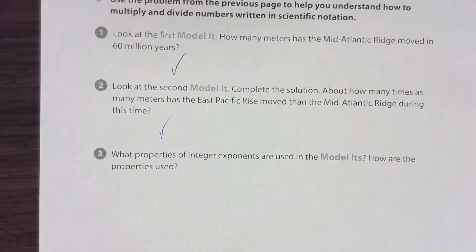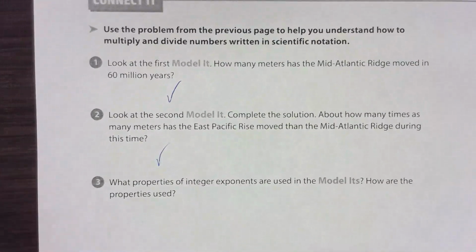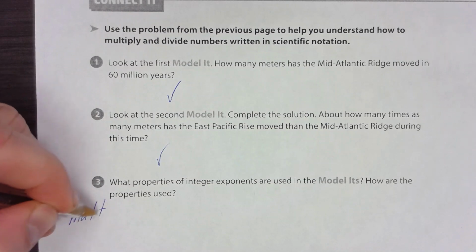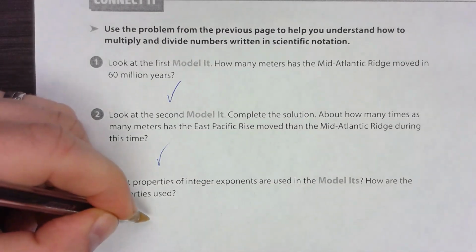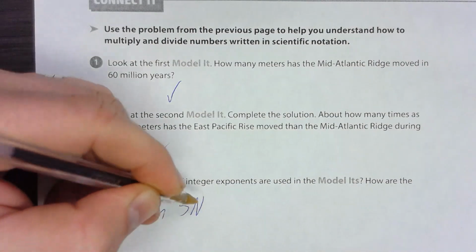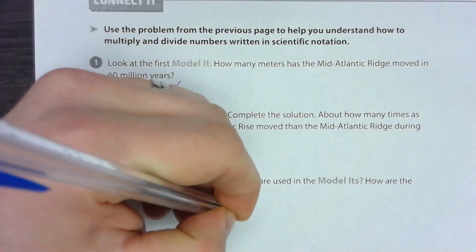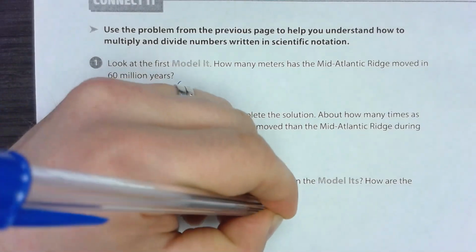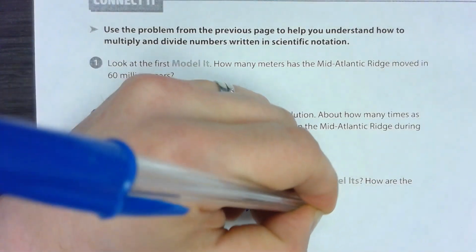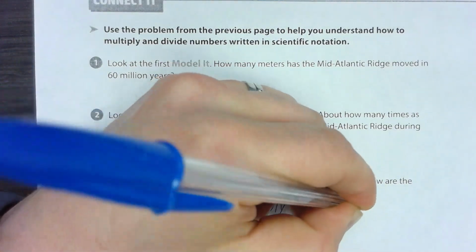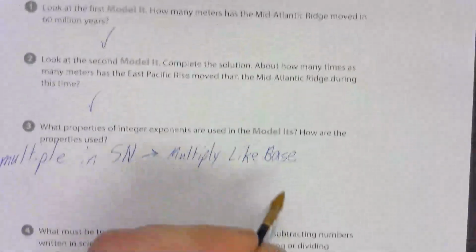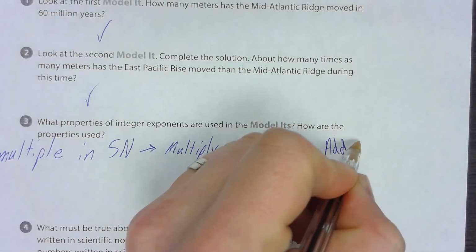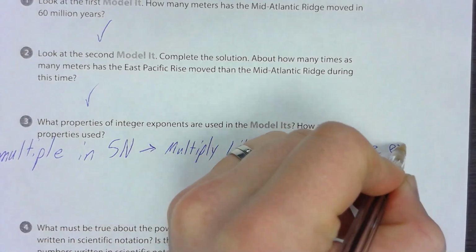We answered that. What properties of integer exponents did we use? Well, when we multiply in scientific notation, we end up multiplying like bases. So what do we do when we multiply like bases? We add the exponents.